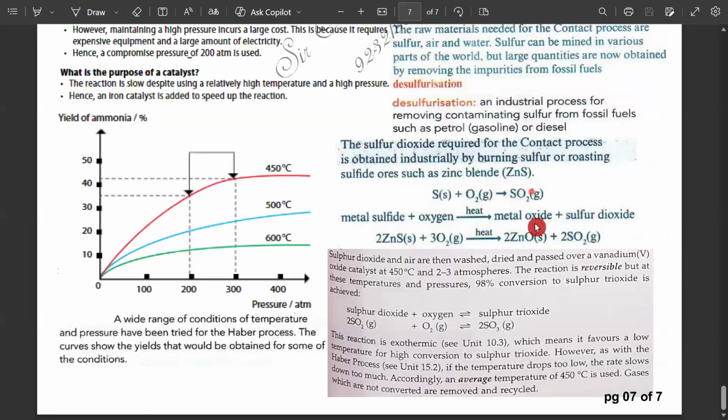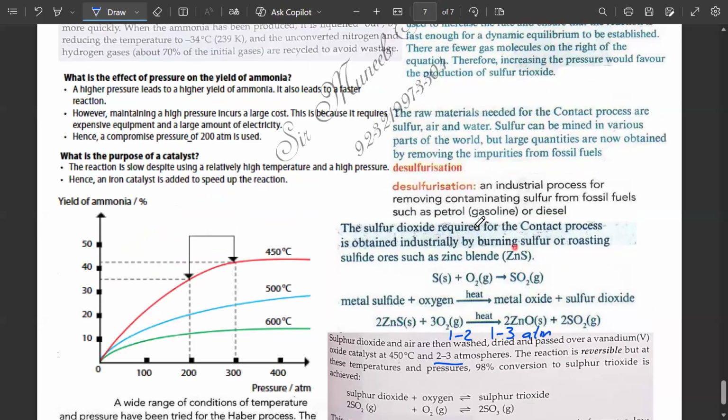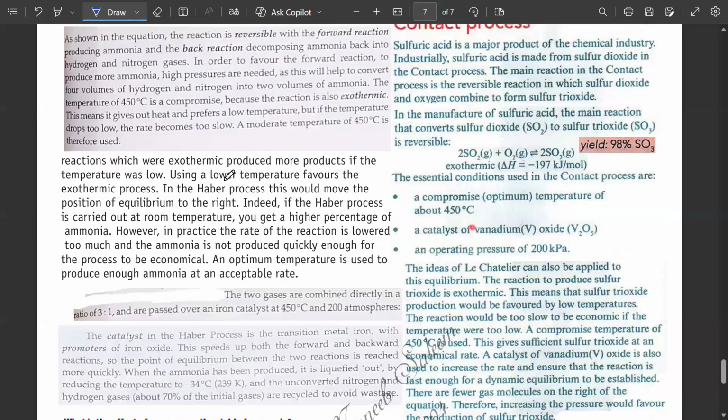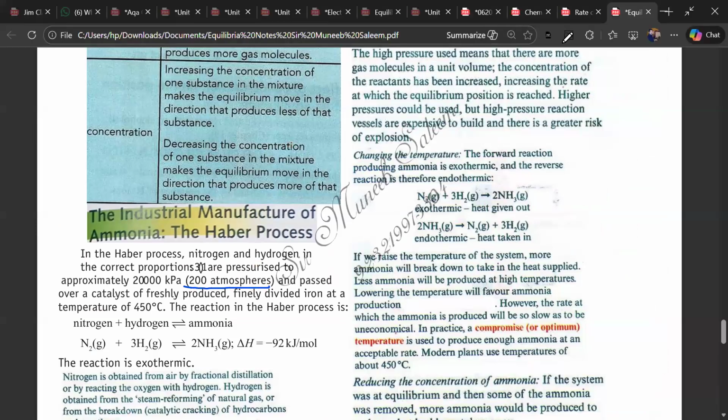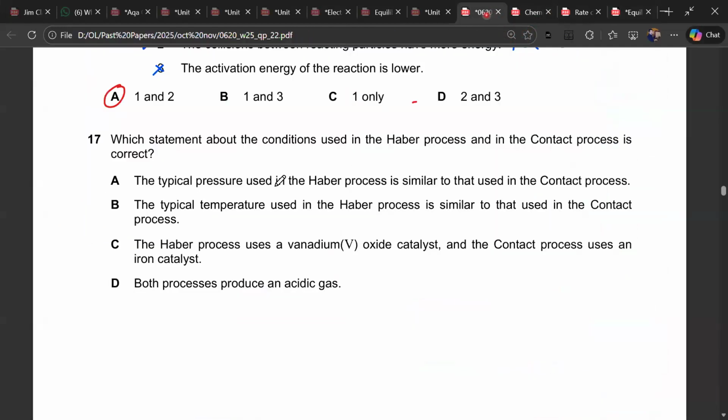In some cases it says 2 to 3 atm, and in some cases 1 to 2 atm; in other words, it's just a range of 1 to 3 atm. But for the Haber process, it is 200 atm, which is a quite large difference of almost 100 times. So A is incorrect. The pressures are not the same.